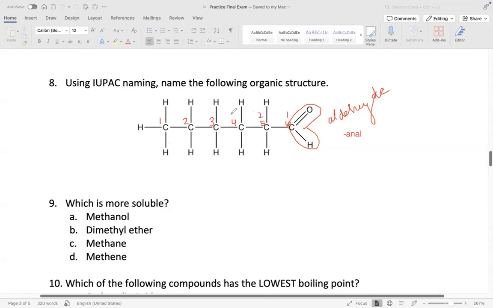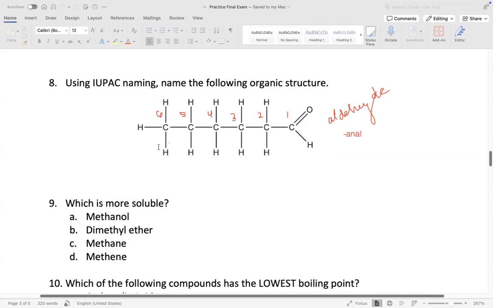This is another one where the functional group always starts at carbon 1, no matter what. Aldehydes always start at carbon 1, so I shouldn't even consider the left to right, because we always want it to be at carbon 1. Okay, so that would be my proper numbering.